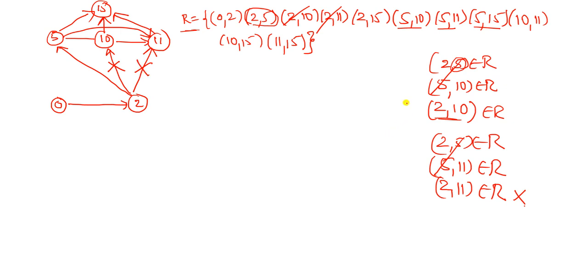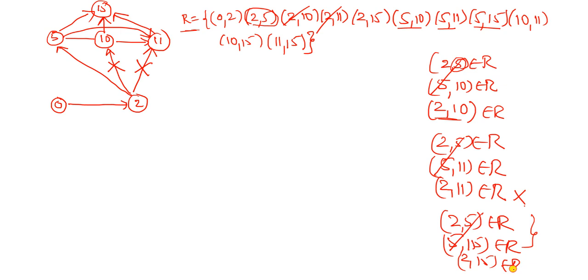These are transitive relations. Next, 2, 5 belongs to R and 5, 15 belongs to R. From these two we get 2, 15 belongs to R. That means we have to remove 2, 15 also.